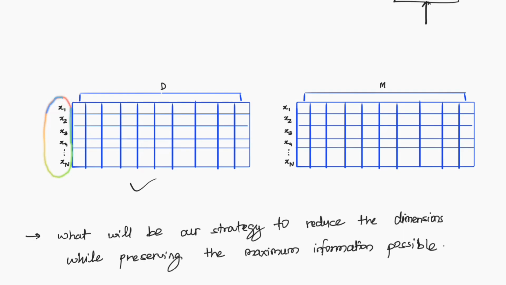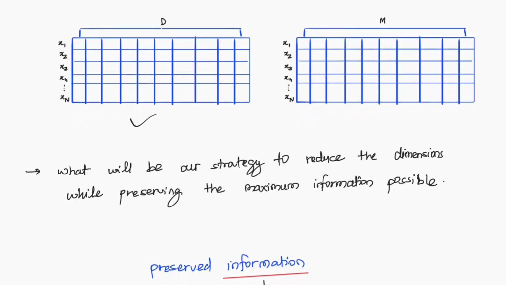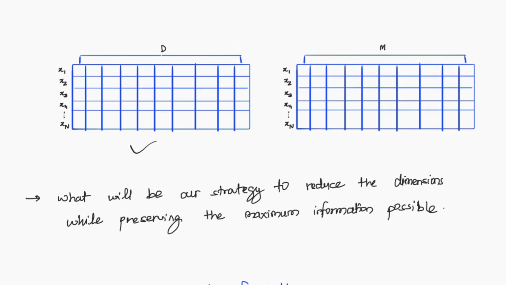We have n number of rows. So when we finally use PCA, we want to reduce the data to m-dimensional form. This m is less than d, and we have n number of data points. So what is going to be our strategy to reduce the dimensions while preserving the maximum information we have?